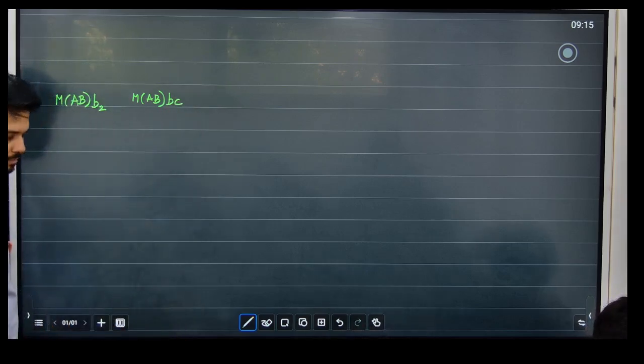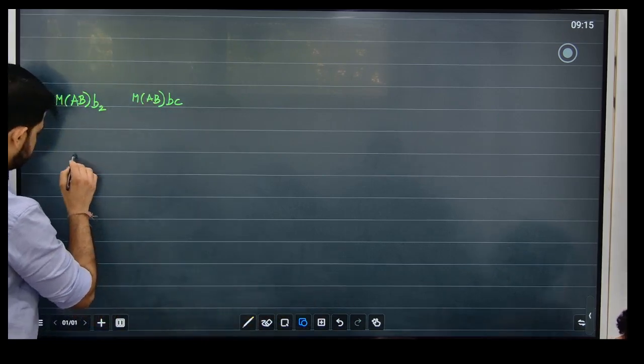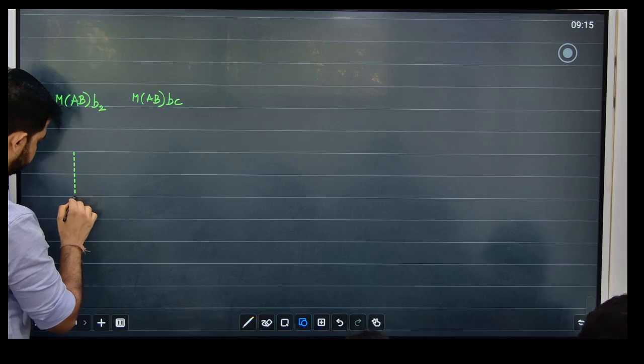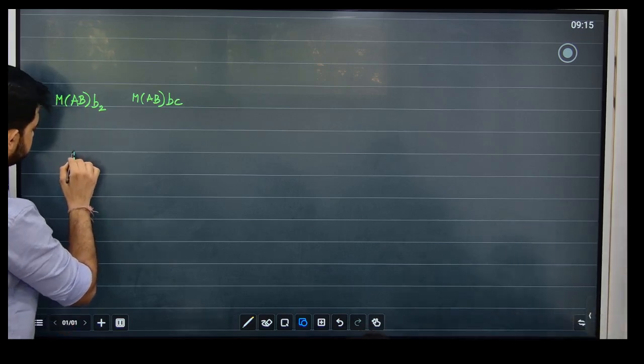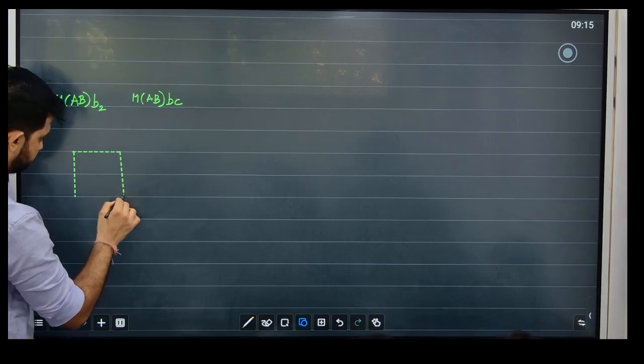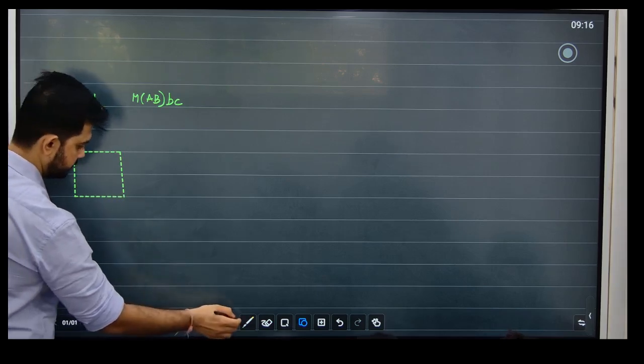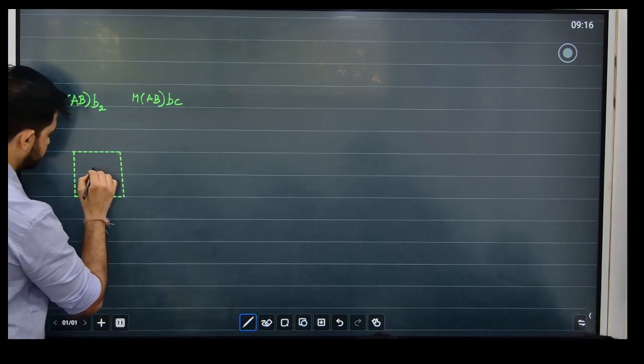How will that look, people? So at the center you have M.